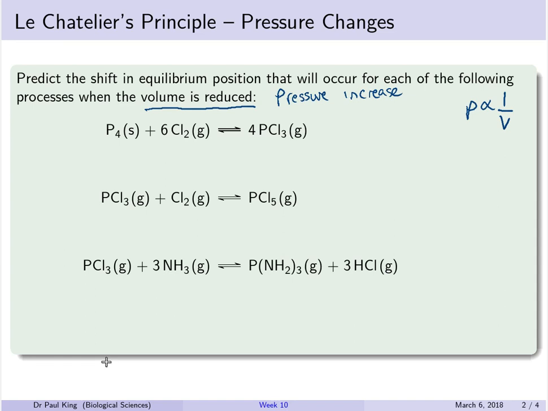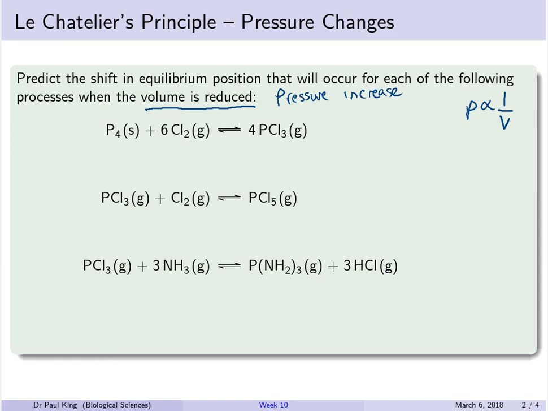And of course, if we have an equilibrium that involves gases, the only way that the equilibrium can respond is to change the number of molecules in the gas phase, because the pressure of the gas is a result of the collisions between gas molecules and the walls of the reaction vessel. So if the system needs to decrease the pressure in response to our increase in the pressure, the system will do that by reducing the number of molecules in the gas phase.